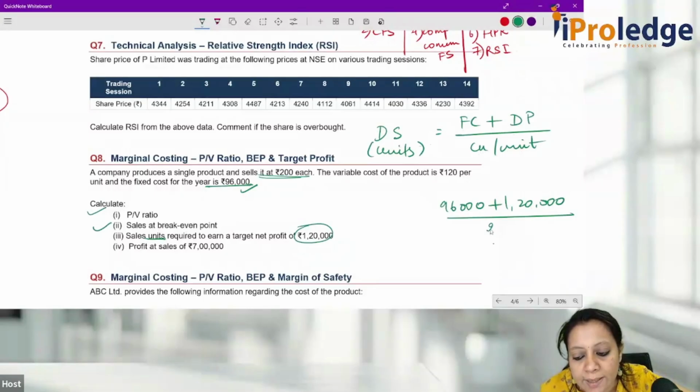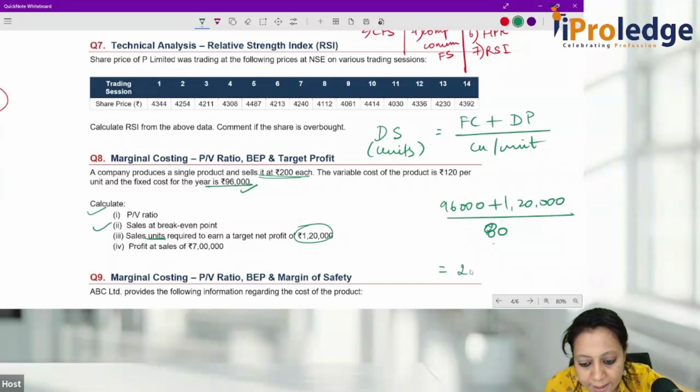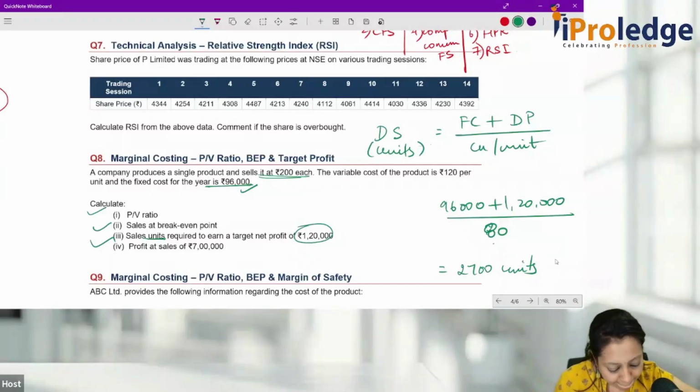Already we know 200 minus 120, that is 80. So 96,000 plus 1,20,000 divided by 80. Are we getting 2,700 units? That is the desired sales. That is the third one. Quickly write it down.